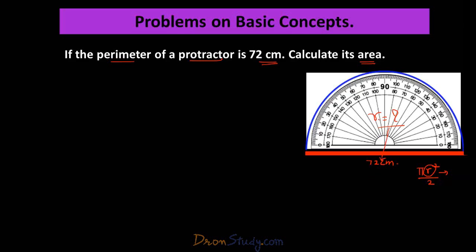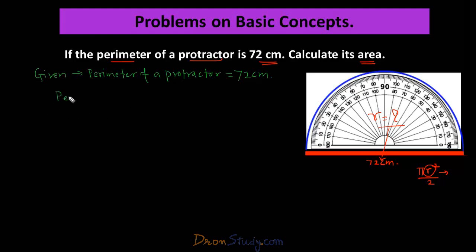So first write the given things. Given is the perimeter of a protractor, that is equal to 72 centimeter.